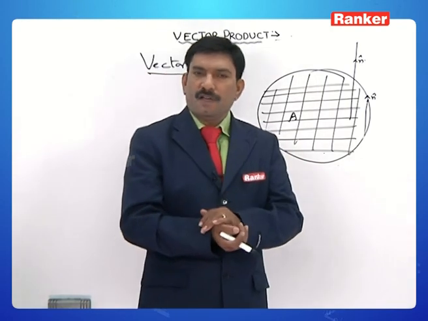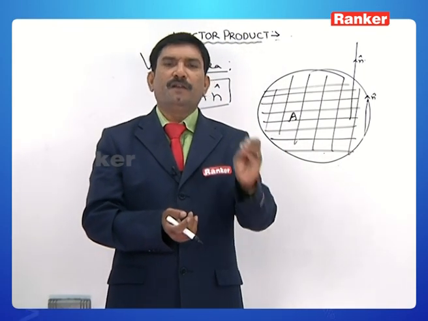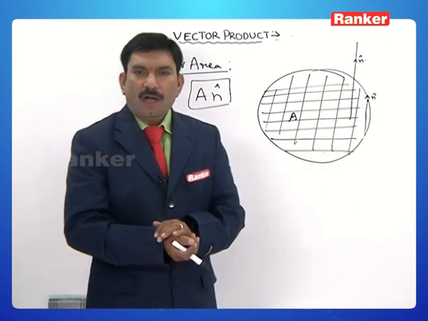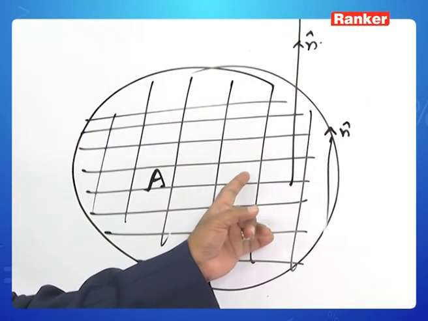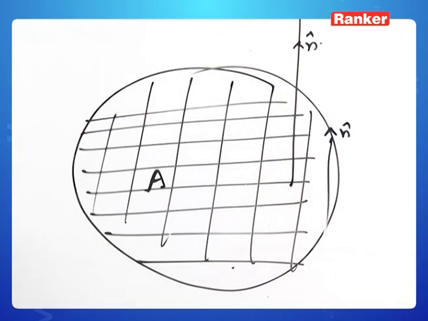Let us discuss in another way. Let A be the area of the region bounded by the curve C, and n cap be the unit vector perpendicular to the plane in anti-clockwise direction.